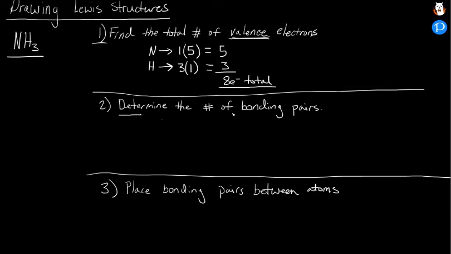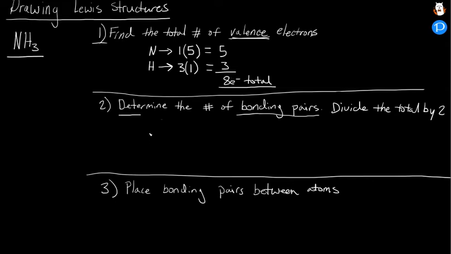Okay, so now the next step: determine the number of bonding pairs. This is the total number of electrons that I have to work with, but how many bonding pairs do I have to work with? The easiest way to do this is just to divide the total by 2.